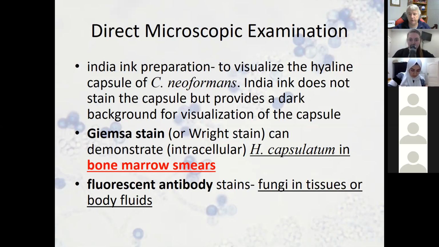We talked about areas where we wouldn't want this to show up, and all of a sudden it's in your bone marrow. Not good, right? Fluorescent antibody stains, where we take the fungi in tissue and body fluids and attach a fluorescent antibody that attaches to the actual fungus.